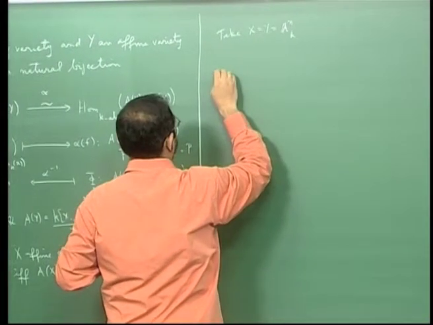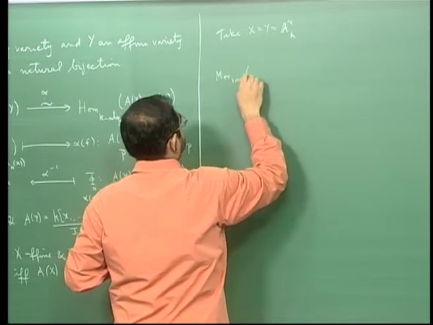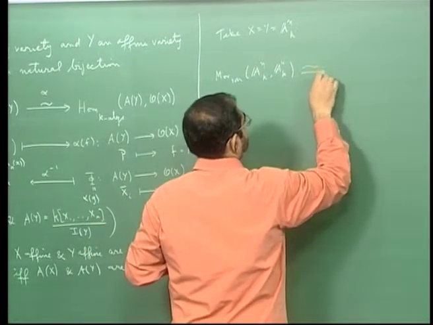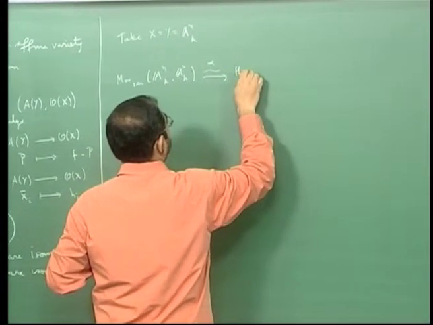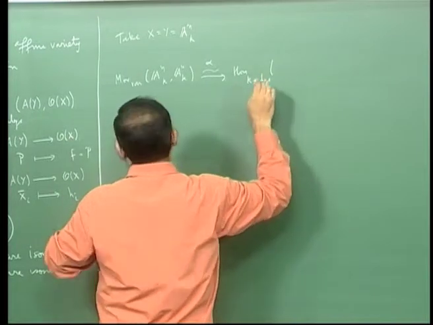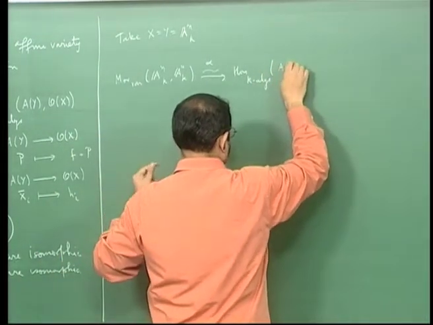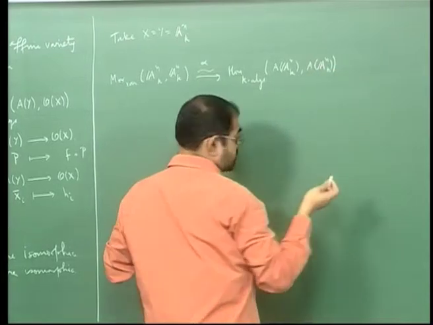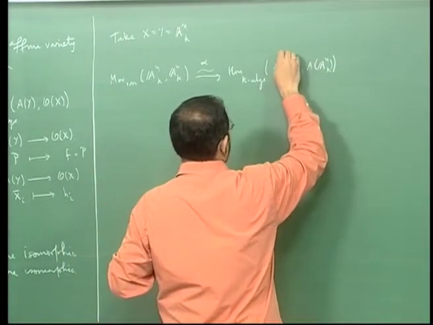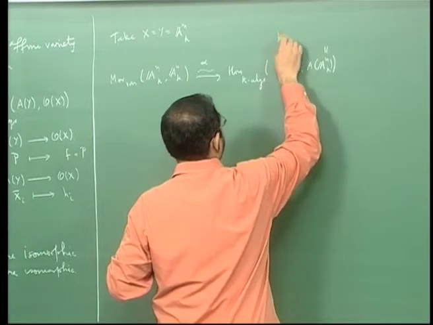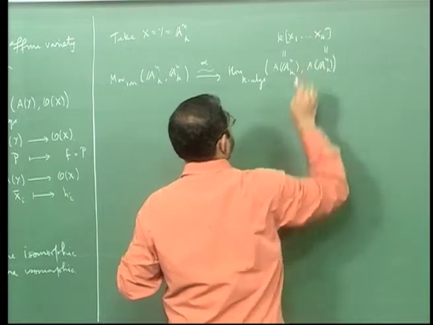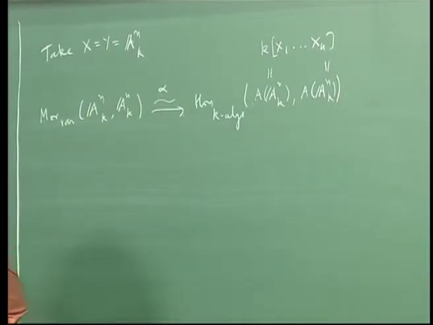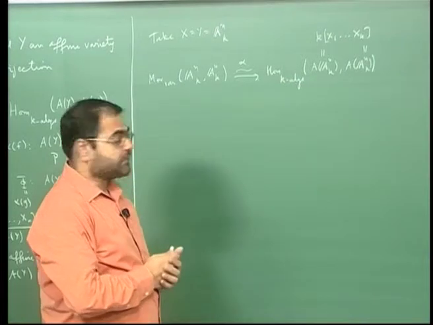What you will get is that morphisms of varieties from an to an are in bijection with the K algebra homomorphisms from A of an to A of an, and of course A of an is just the polynomial ring. Both of these are equal to k[x1, ..., xn], if you take the ring of polynomials in n indeterminates xi's, okay.